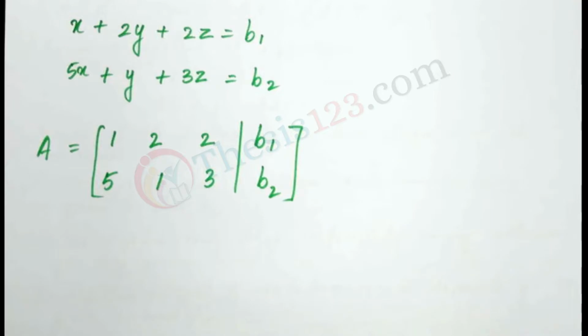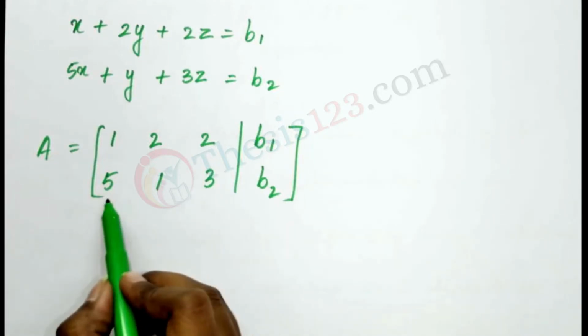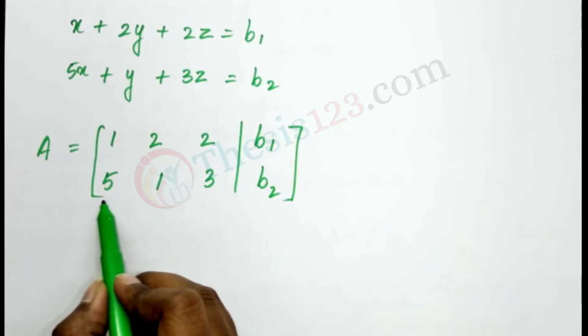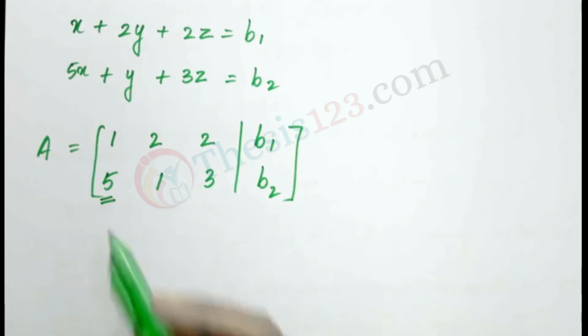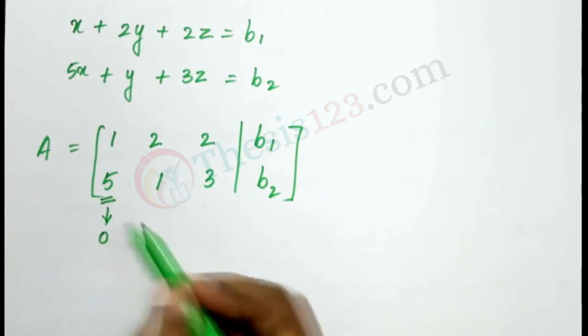Now, to find out what type of solutions this system has, we will have to find out first the rank of this matrix A. Now recall, how do we find out the rank? We find it by using row and column operations. So in this case, let's use row operation to make the bottom left element here 0. Always remember that we always start with the bottom left element. So let's make this element 0.